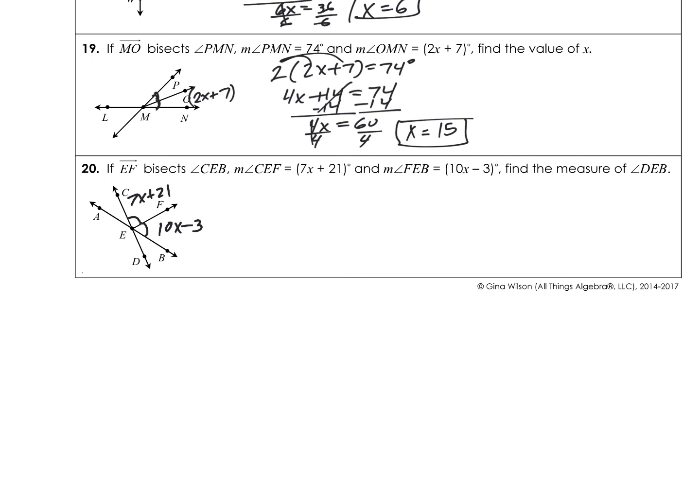So here we go. Let me erase some of those markings. Since those two angles are congruent, I know that I can set those two expressions equal to each other. Solve.